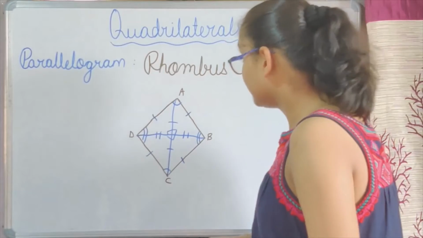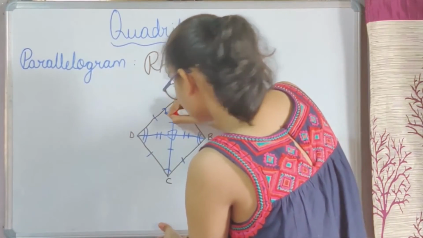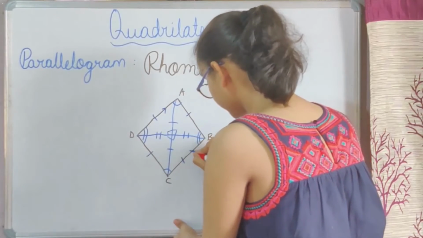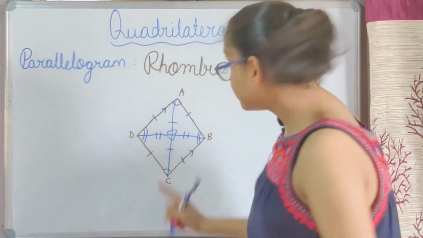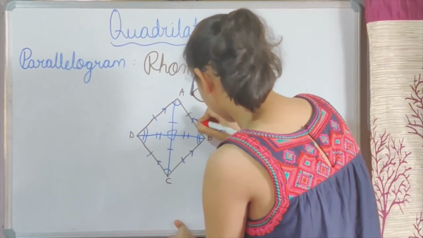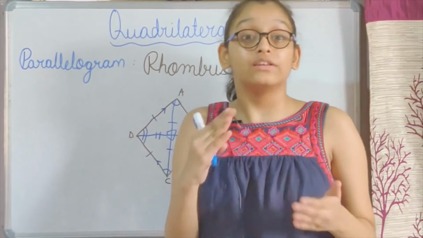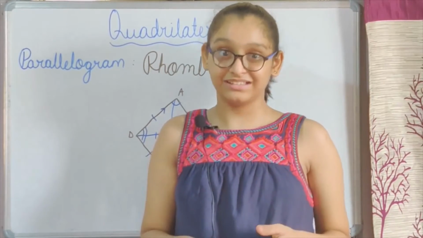This means that side DA is parallel to side CB and side CD is parallel to side BA. So these were the properties of rhombus. Now let's come to the next quadrilateral.